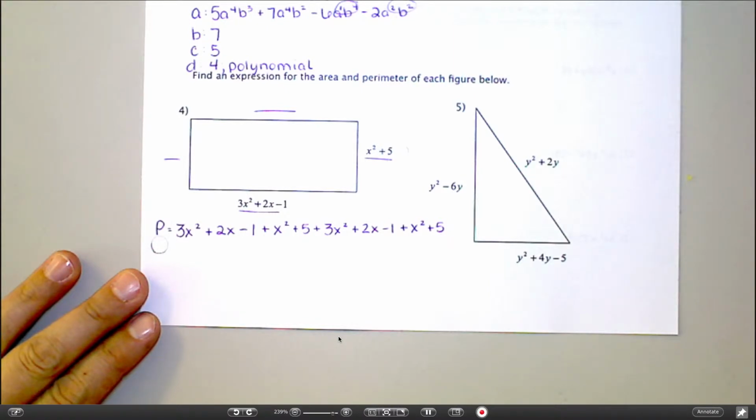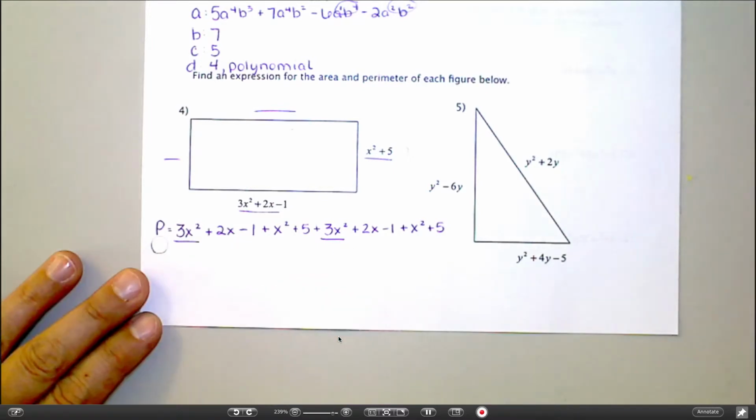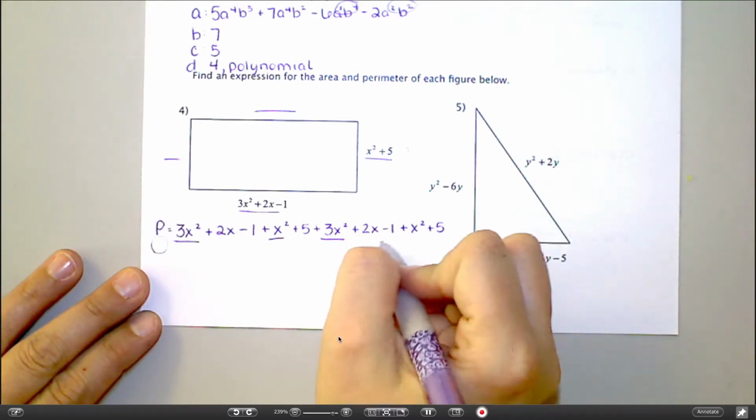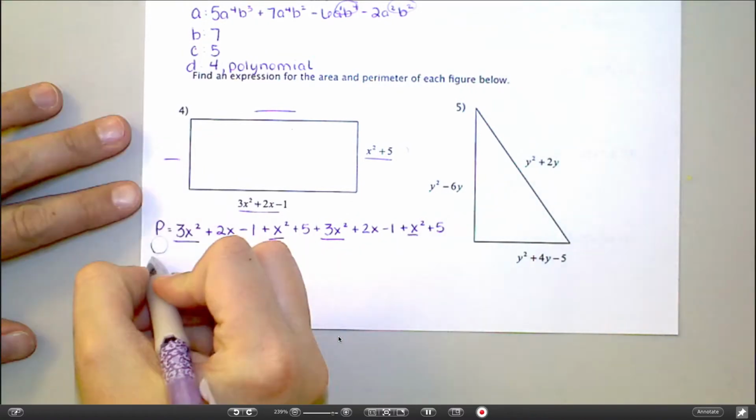Now what you have to be careful of with combining like terms is when you're adding things together, the exponent should not be changing. So like, what's 3x squared plus 3x squared? 6x squared. That stays an x squared. And then I also have a 1x squared and a 1x squared, so altogether that's 3 plus 1 plus 3 plus 1 is 8.